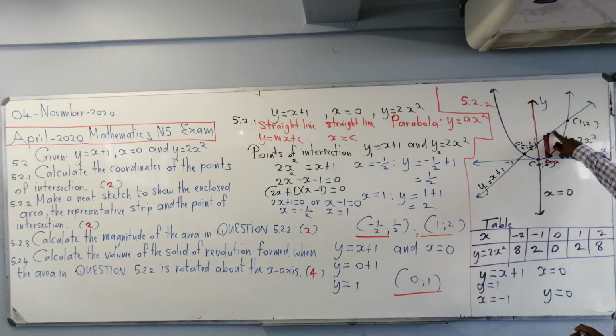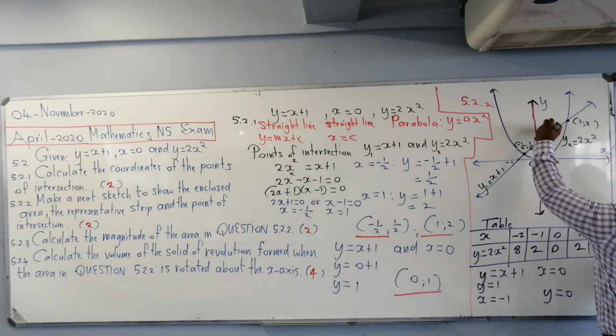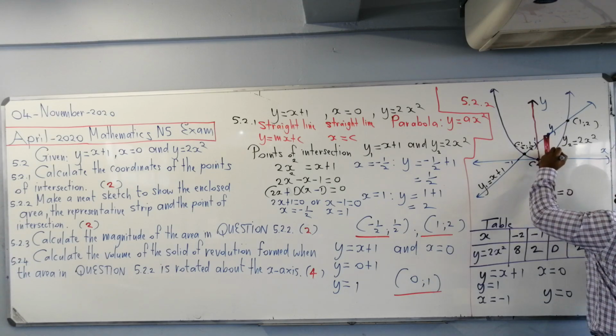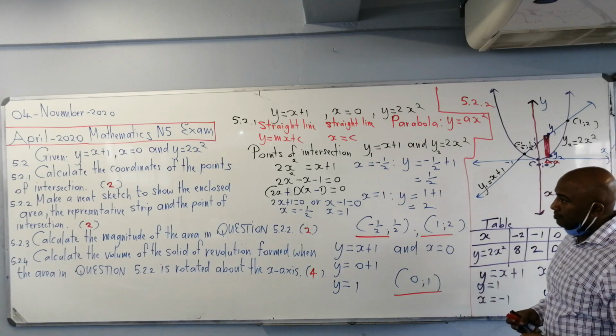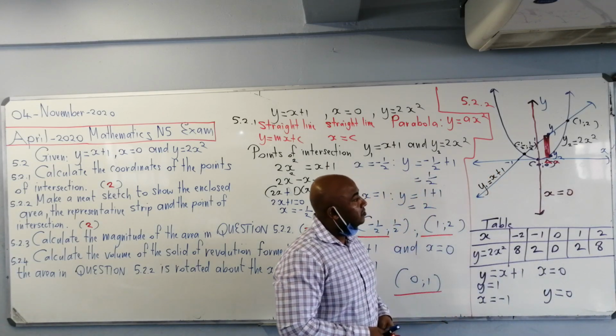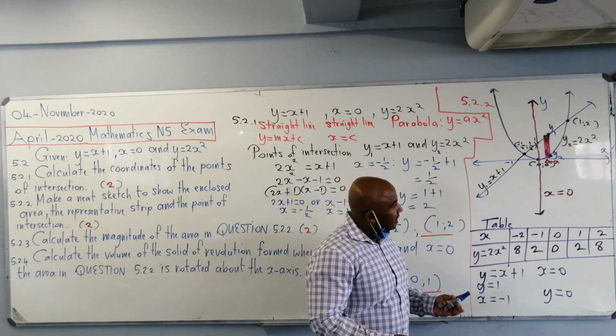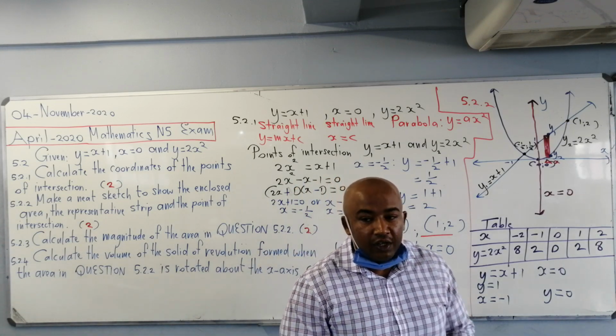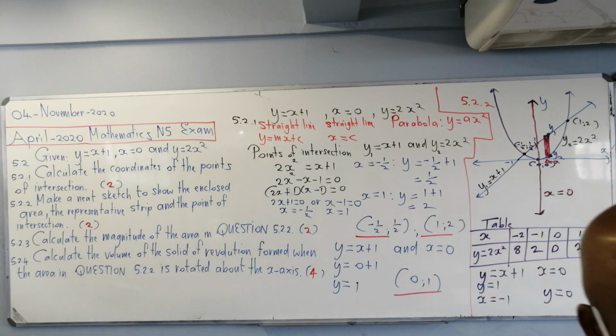So what's touching the top end here is y1. What's touching the bottom end of your rectangle here is y2. Now, that's basically it. Nothing more to do for this one. We now need to work out the area.